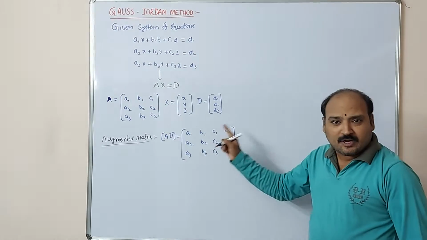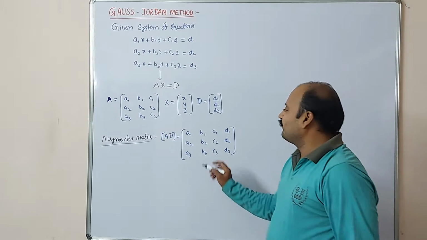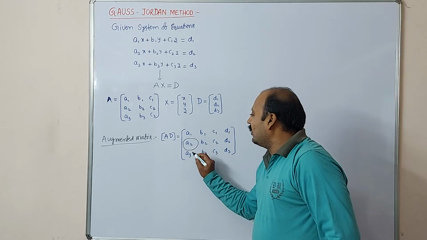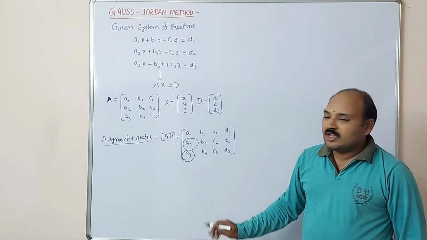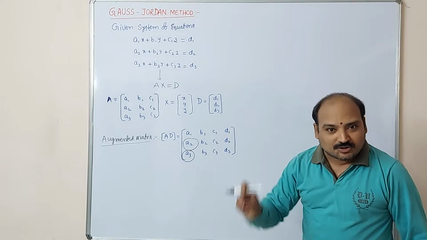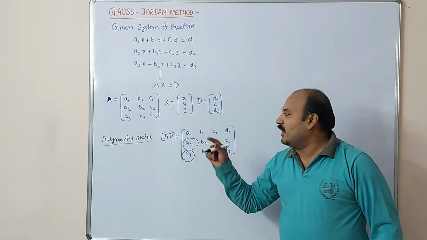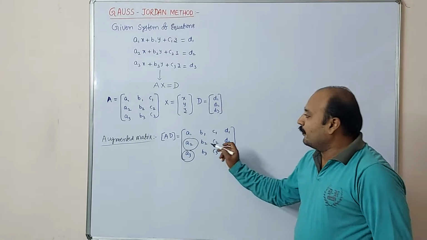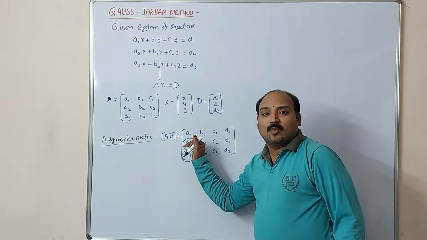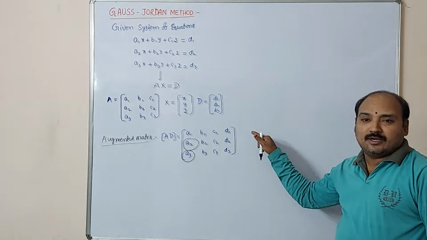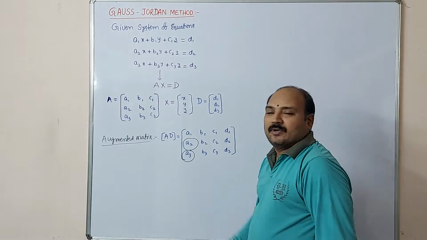After writing the augmented matrix, the first step is to make a2 and a3 in the first column zeros by using R1, that is, by elementary row operations.